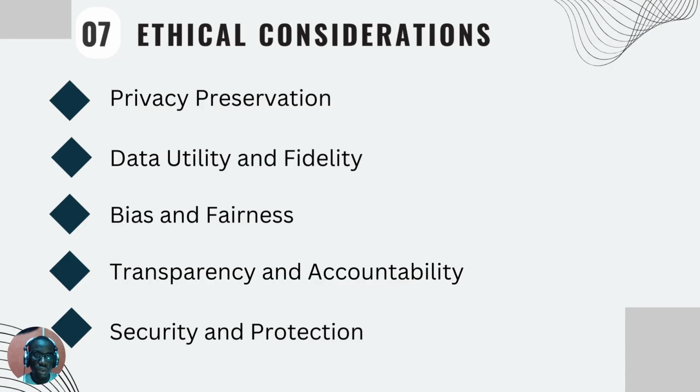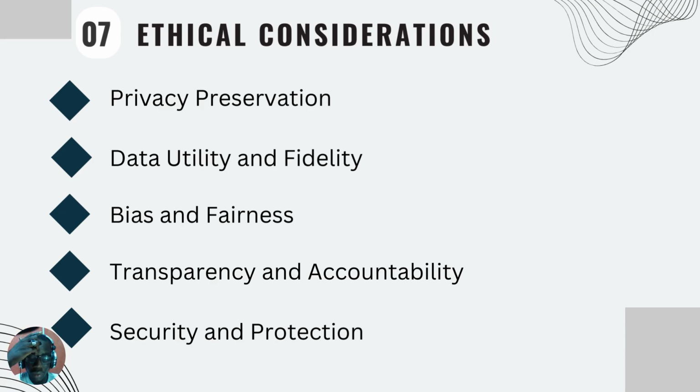There is something we need to consider about synthetic data, which is privacy preservation. There should be anonymization of users' data when it comes to business and the like. So we need to consider privacy.